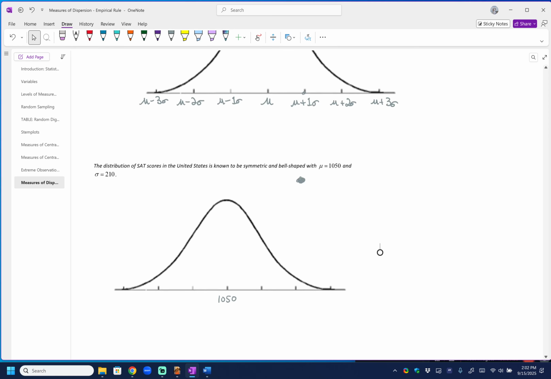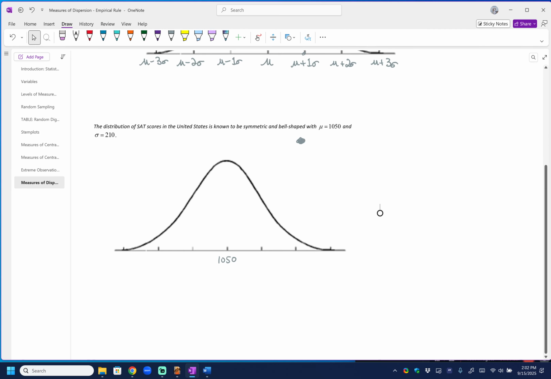I'll end up talking about that a lot more later when we get into these symmetric and bell-shaped distributions. But for now, we know that the distance from here to here is going to be 210. So therefore, all we have to do is add 210 to 1050, and that's going to give us 1260 as our first standard deviation marker.